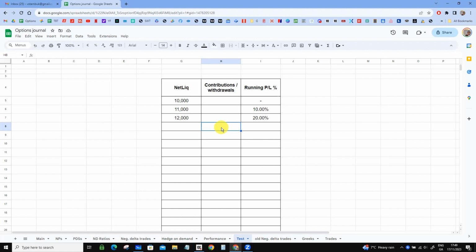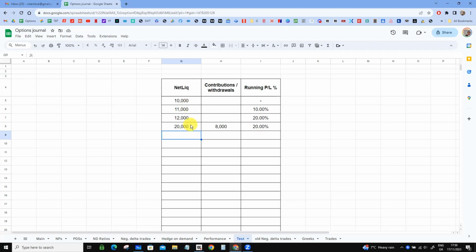Now, adding 8,000 to 10,000, it's a lot. Also, it's 80%. You're basically adding 80% to your original NetLiq. But let's just run with the numbers, and let's put in 8,000, and that would obviously, without any additional profits, bring your NetLiq on that day to $20,000, which would correctly still show you 20% on your original 10.